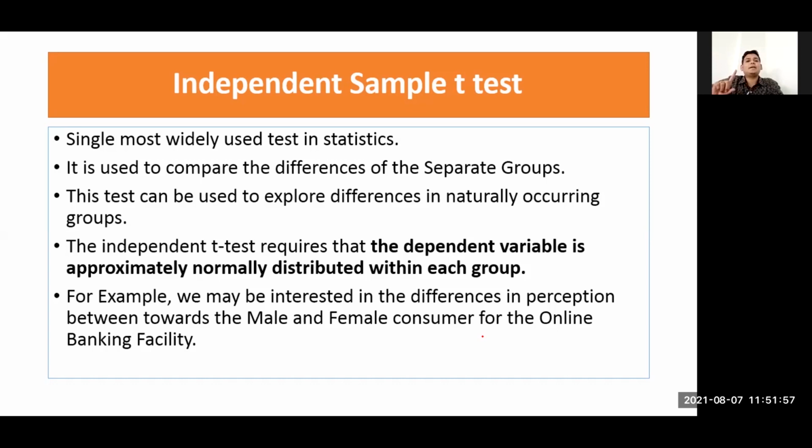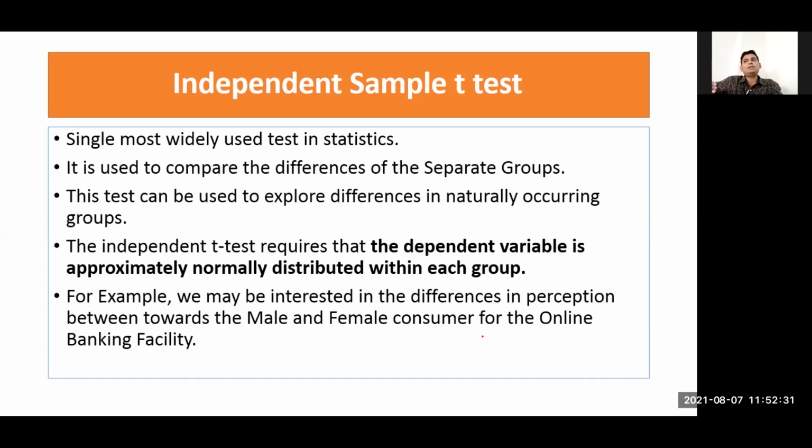And that is what we are testing in social science research. We are testing the tastes, preferences, perceptions and beliefs of different consumers and customers in the market over different products and service industries. And this perception is going to vary depending upon age, gender preference, educational background and everything, right? Let's suppose I take another example of the online banking facility for the consumer.